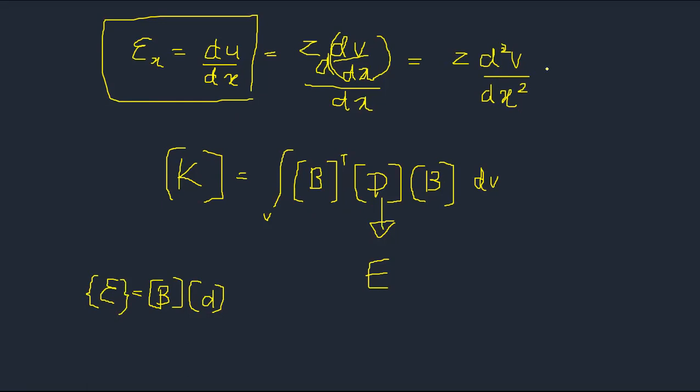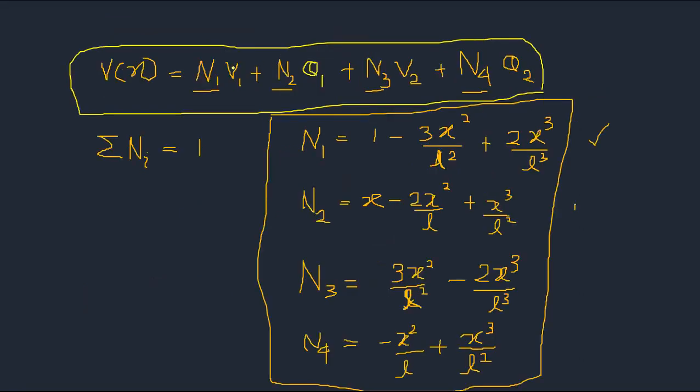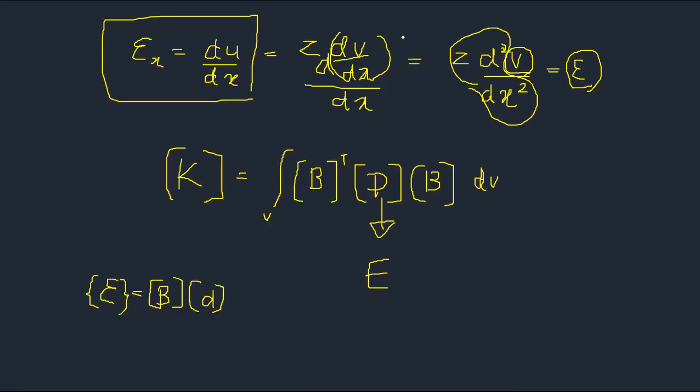This is the strain, this is the displacement, how it is related with this strain. How strain is related to displacement, and then we can see what is actually B, right? So this V is N1 V1, N2 theta 1, N3 V2 and N4 theta 2. So you can write this B as this, right?